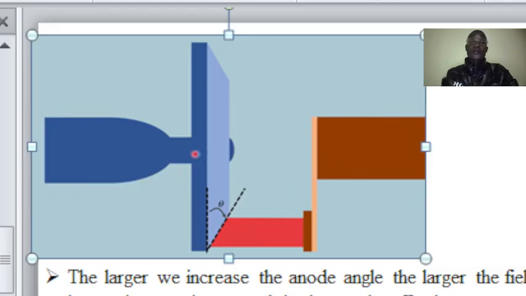Because when you see how these energies interact, when the electrons interact with matter or tungsten, what happens is that due to change of direction, or due to that attraction, the speed will reduce. When the speed reduces, the speed with which it was coming is as a result of kinetic energy, meaning the kinetic energy will reduce.